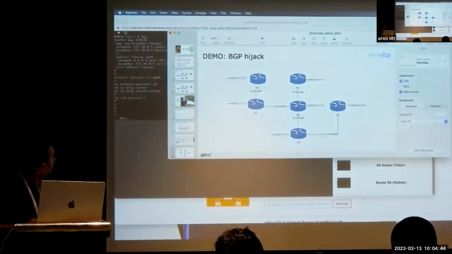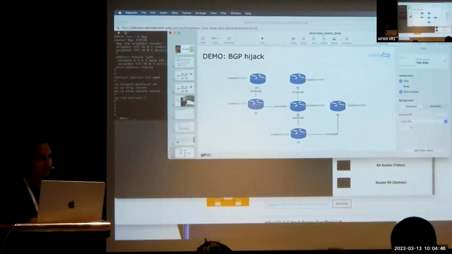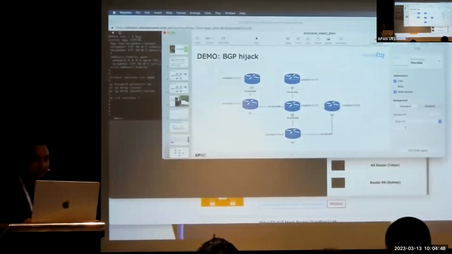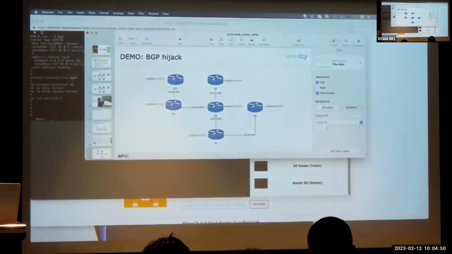So R4 is going to announce a /24, 1.1.0.0/24, to R3, and let's see if the hijack works.